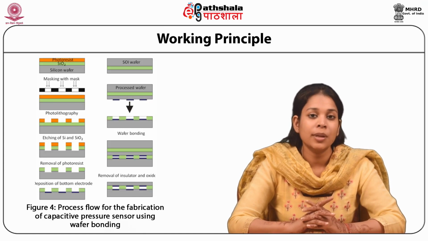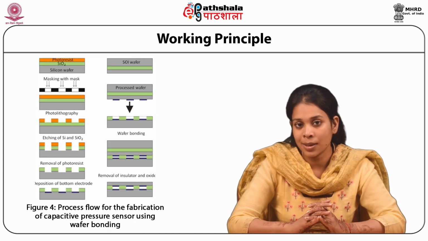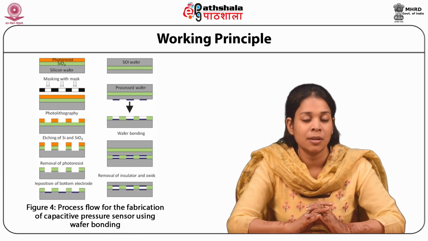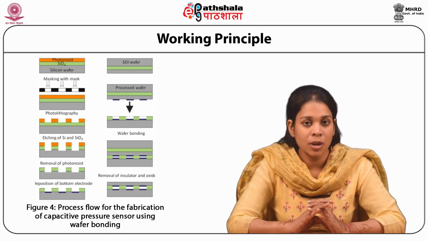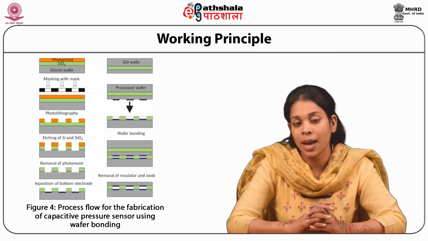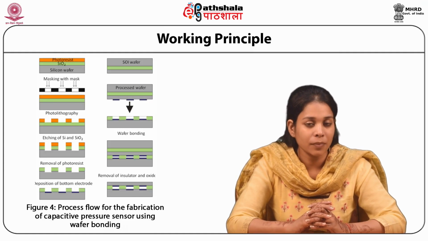On the top you can see the first figure, which is the SiO2 coated silicon wafer over which the photoresist has been deposited. Orange is the photoresist, light green is the silicon dioxide, and violet is the silicon wafer.